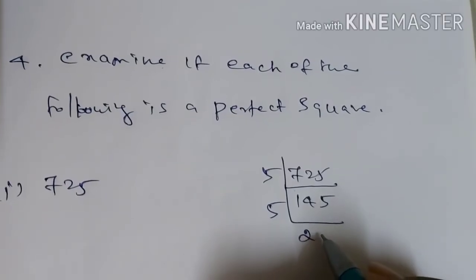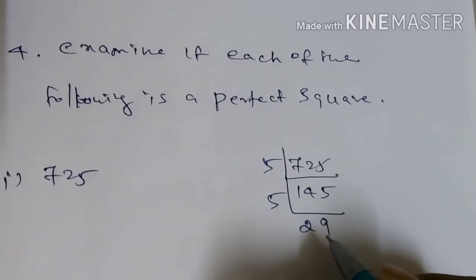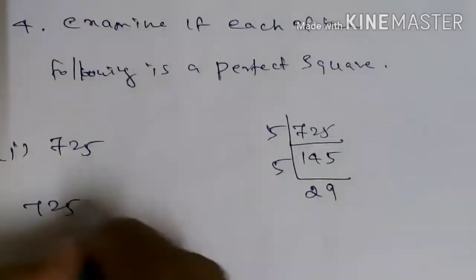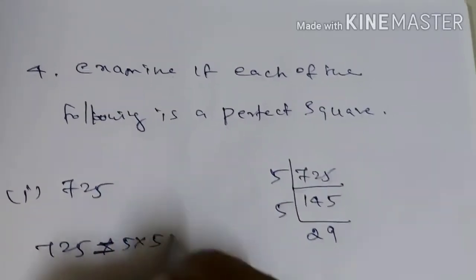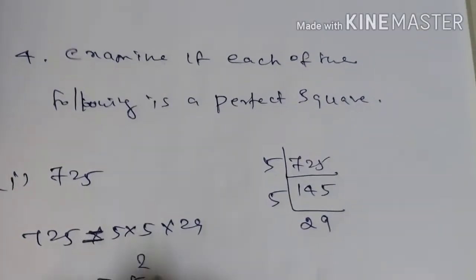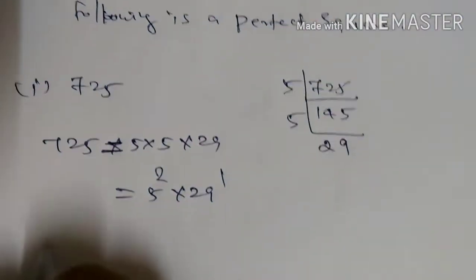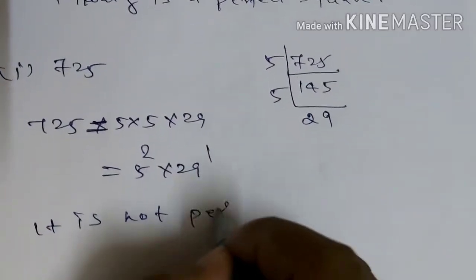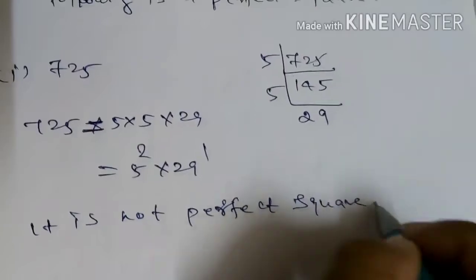This is an odd number. So 725 equals 5 multiplied by 5 multiplied by 29, so 5 square into 29 power 1. If 29 power 2 came, it would be a perfect square, but only 1 came, so it is not a perfect square.